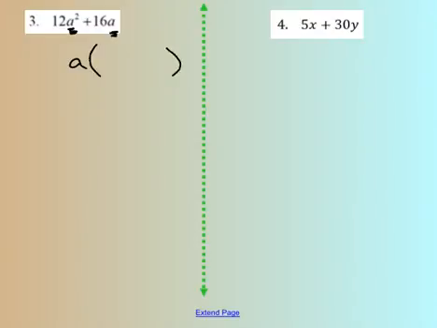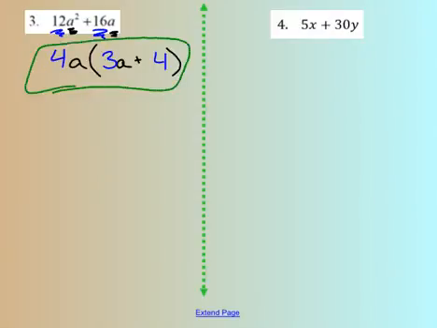Now, I'd have an a on the inside, plus... Now, I should know 12 and 16. The base number that goes into 12 and 16 that they have in common is 4. So 4 times 3 is 12, and this is 4. So this is going to be what I would call my final answer.